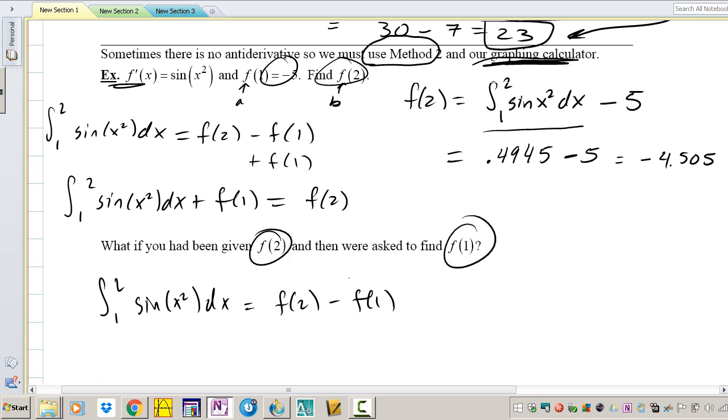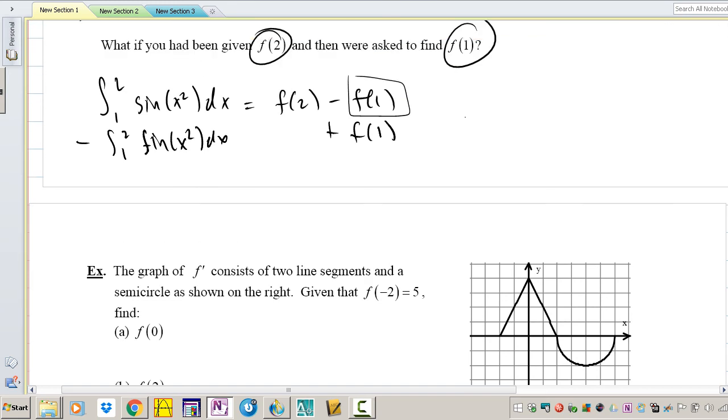Then I would solve for f of 1 by adding f of 1 to both sides and subtracting the integral from both sides, so that I get f of 1 is equal to f of 2 minus the integral from 1 to 2 of sine x squared dx. And that's how you would find f of 1. So it's the same process as finding f of 2, except you have to put a little bit more arithmetic into it, because now you have a negative f of 1 and you're solving for f of 1.